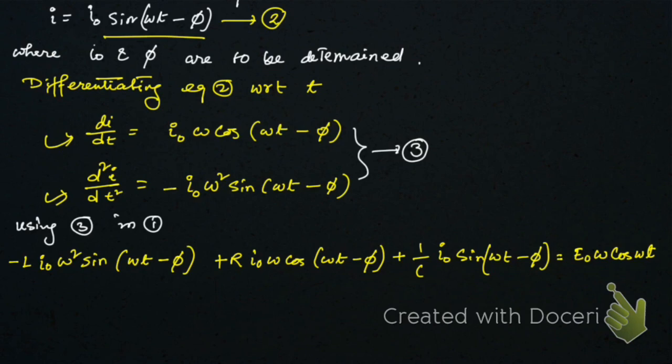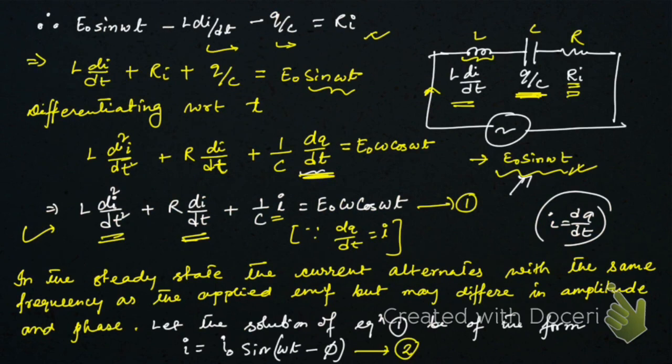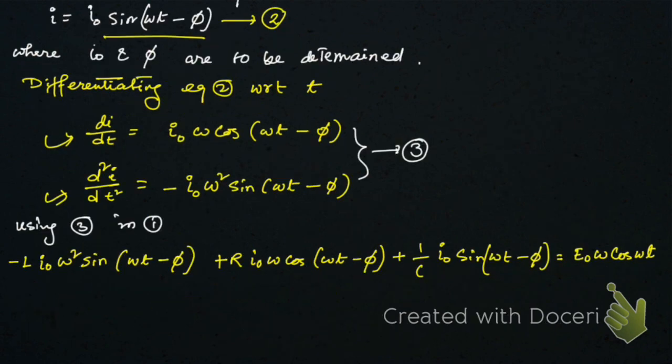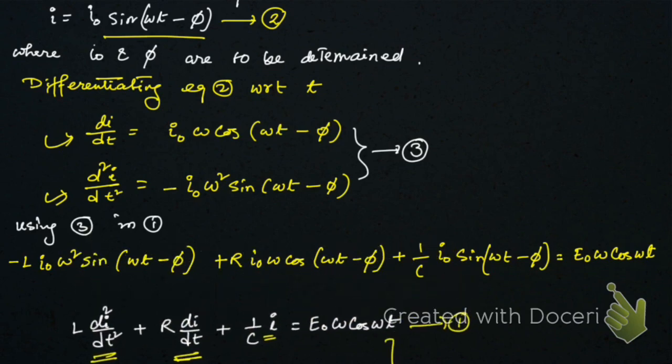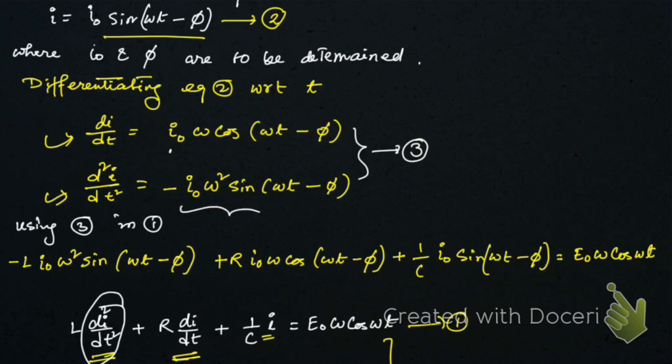So what we have done here, you see, let me write this equation number 1 on the next side. This is the equation number 1, right? Let me copy this thing. Okay. So here you see, this is the equation number 1. So what we have done, we have replaced this by this value, right?